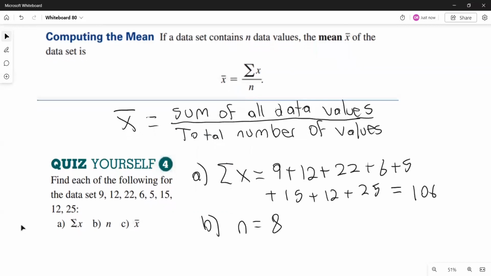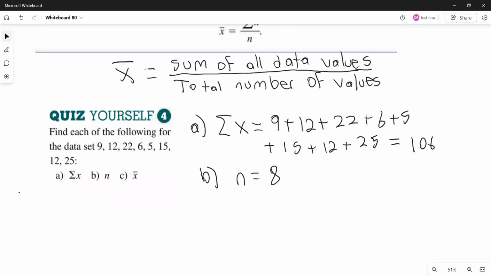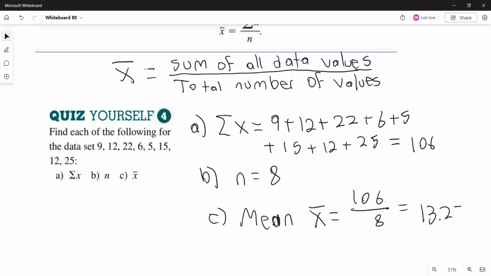So the mean of the set is the sum of all data values over the total number of data values. That's 106 over 8, or 13.25. And that's it.